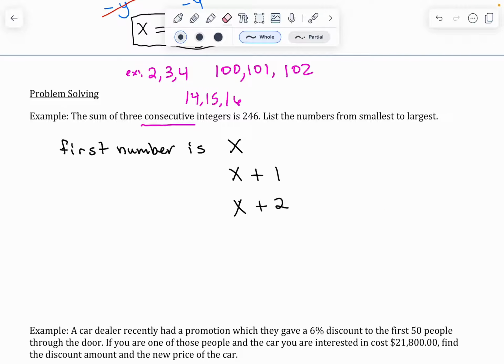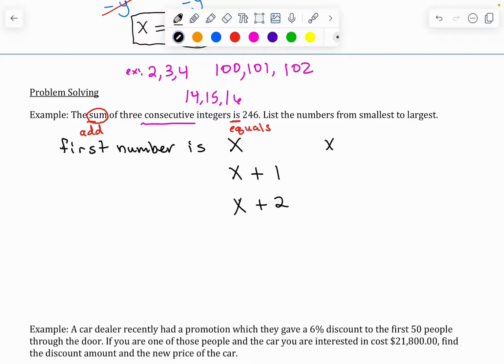So now the next part of the question says the sum of 3 consecutive integers, which means we have to add them, and is means equals. So we have x plus x plus 1 plus x plus 2 equals 246.